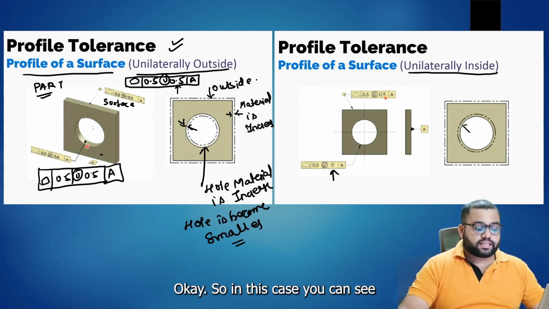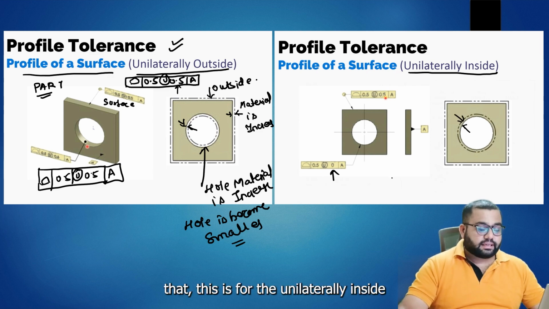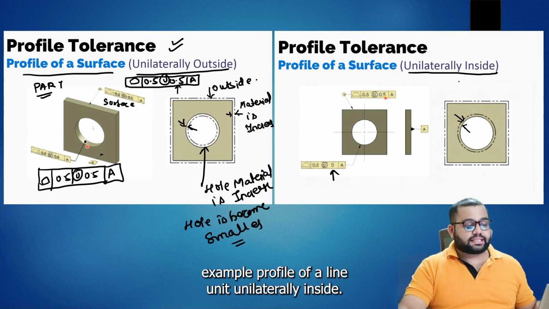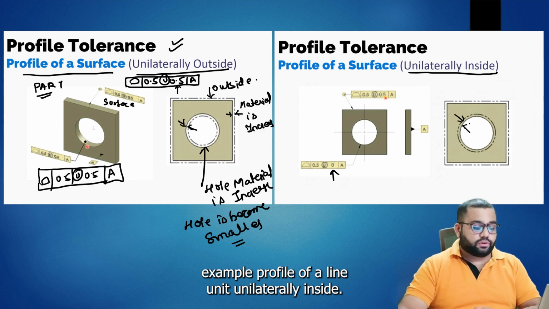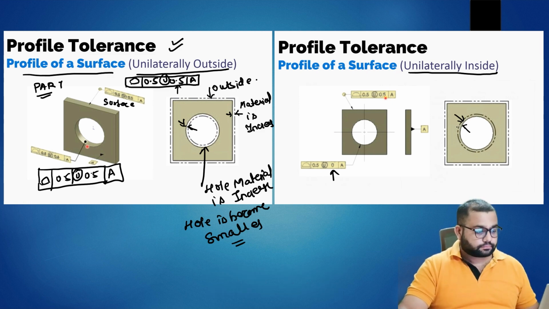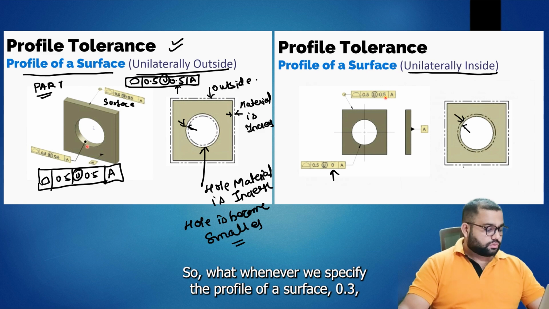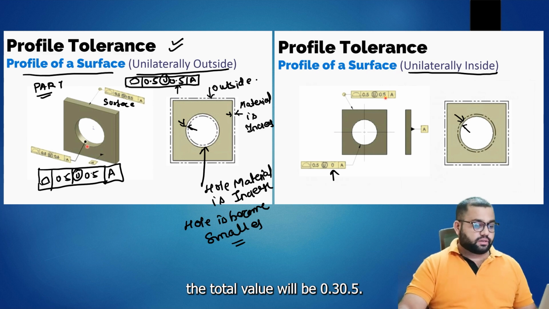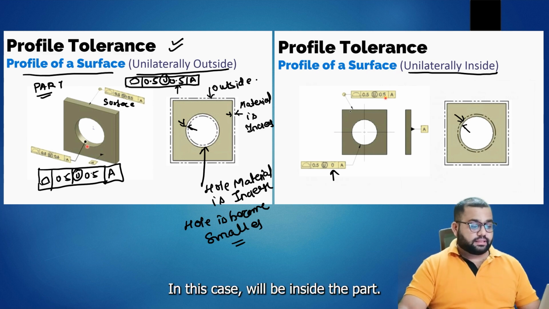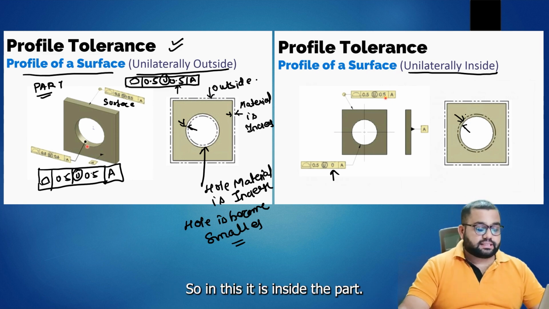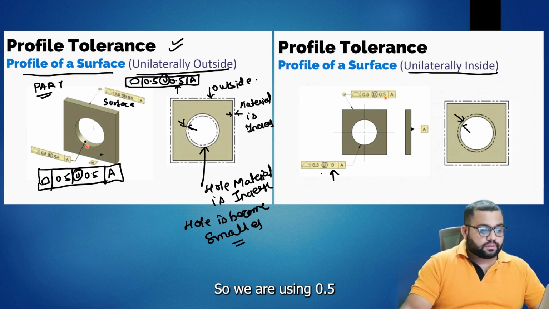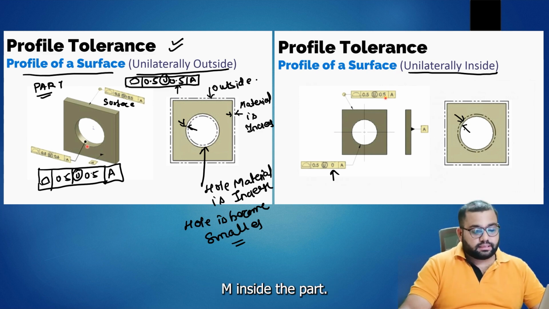So in this case, you can see that this is the unilaterally inside example. Profile of a line unilaterally inside. Whenever we specify the profile of a surface 0.3, the total value will be 0.5. In this case it will be inside the part. So we are using 0.5 mm inside the part.